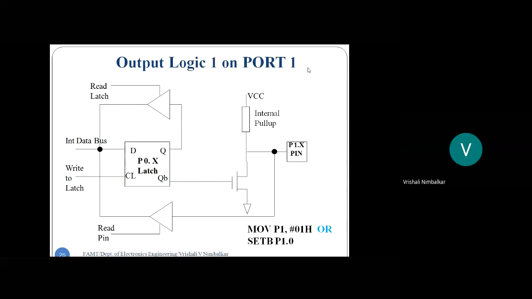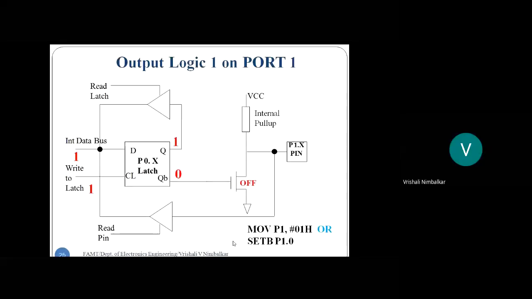So how does this work? Sending logic 1, what is the first thing the microcontroller does? It places logic 1 on the internal data bus. Then it activates the write to latch control signal, logic 1. It is acting as a clock to the latch. Now once the latch is enabled, the D data gets transmitted at Q. The latch Q bar will be its complement.